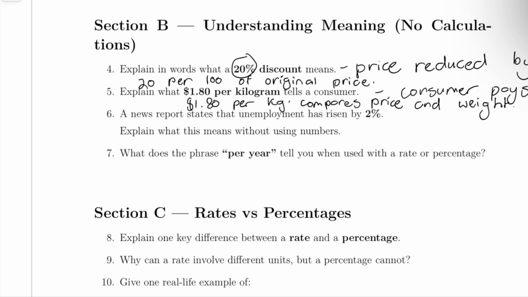Okay. A news report states that unemployment has risen by 2%. Explain what this means without using numbers.